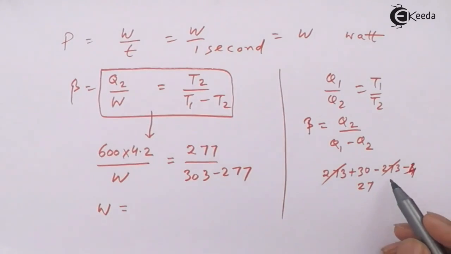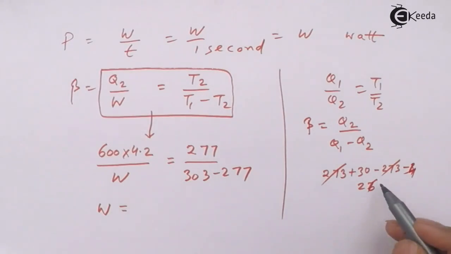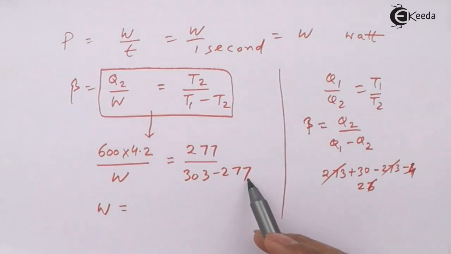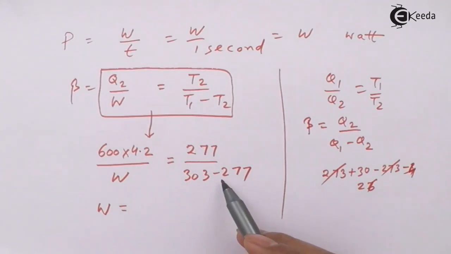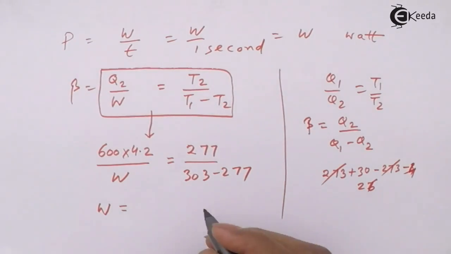So the 273 cancels, and 30 minus 4 gives 26. So now it is 26.